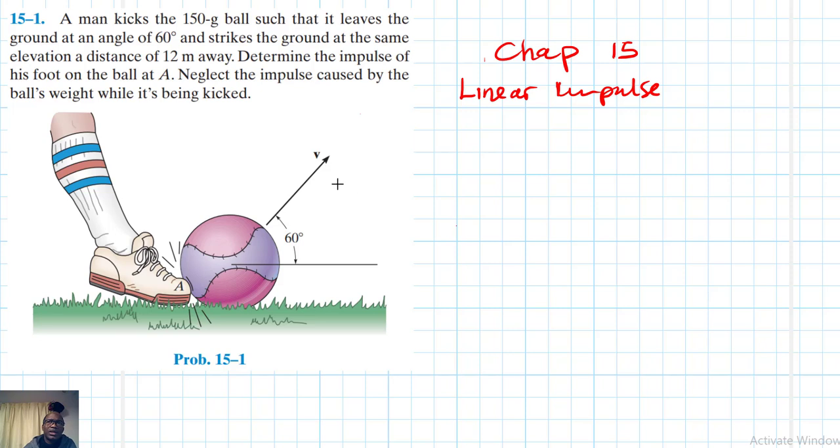And in chapter 13, we were just using the equations of motion and kinematic equations to solve problems. So all these other methods can also be used to solve problems in chapter 15. But in chapter 15, we are dealing with linear impulse and linear momentum.